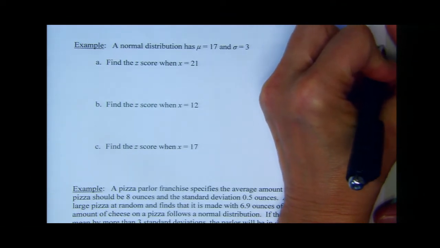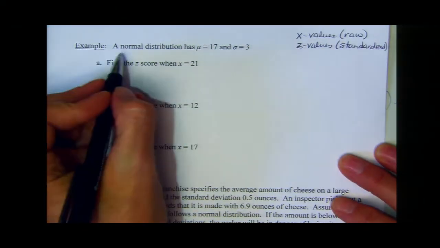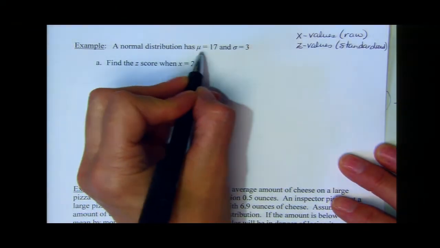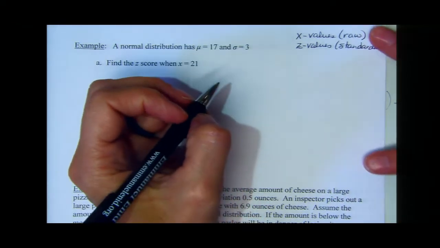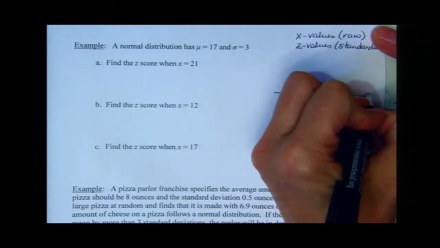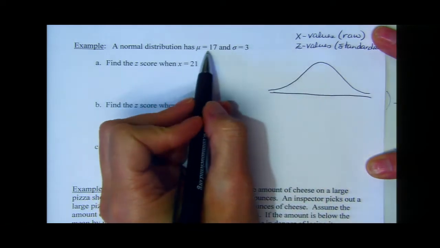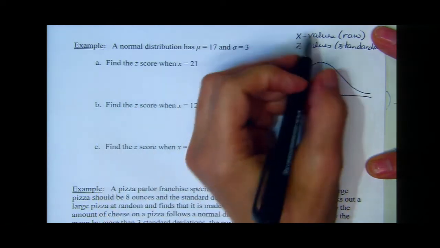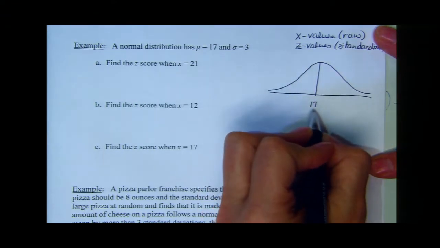Can I get it all in there? Barely. Standardized. All right, so a normal distribution has mu of 17 and sigma of 3. Now, this is not asking me to draw the picture, but I know some of you are more visual learners, so I'm going to go ahead and do this. Now, these values, when they give me mu, if I put 17 down here, 17 is an X value, okay?